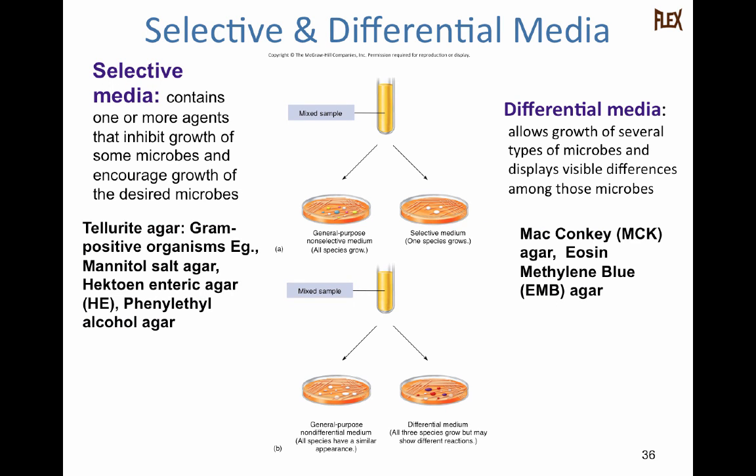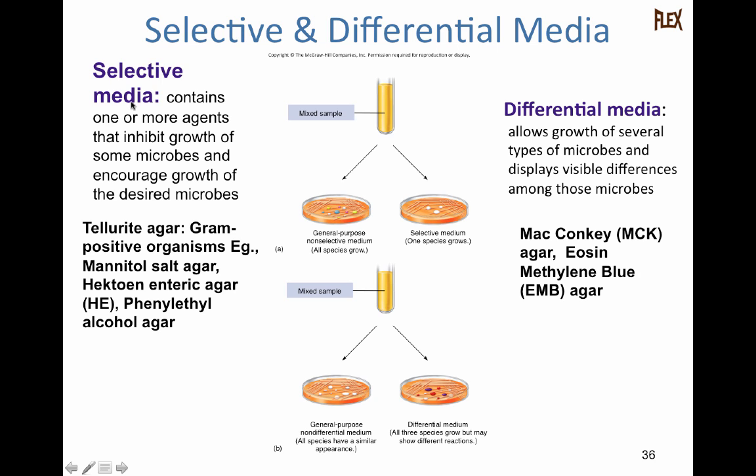Now, please remember there's a difference between selective and differential media. If we want to select for one type of microbe, let's say you have a mixed culture with 20 microbes growing in it, and you only want one of those to grow out of the mix, how do you do that?